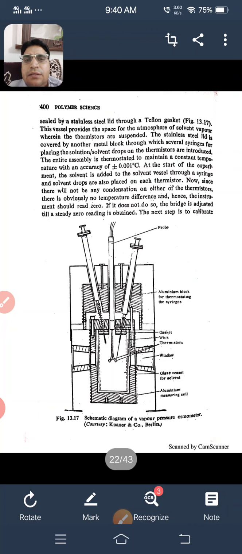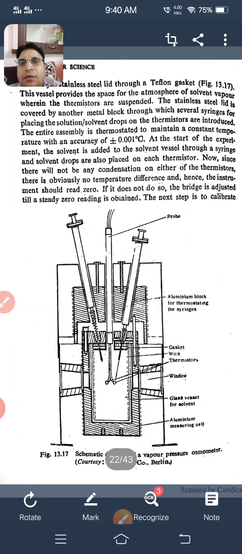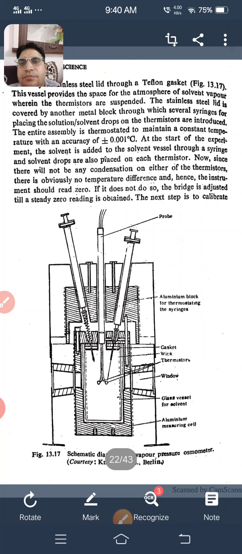The stainless steel lid is covered by another metal block through which several syringes for placing the solutions or solvent droplets on the thermistor are introduced.